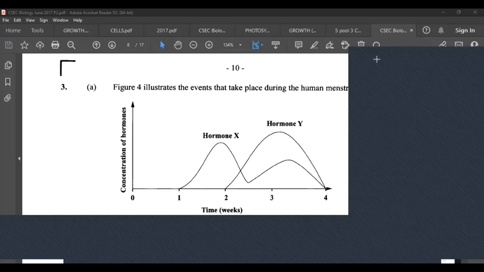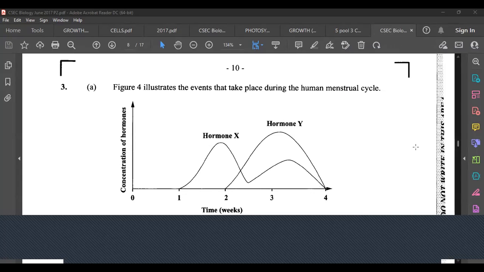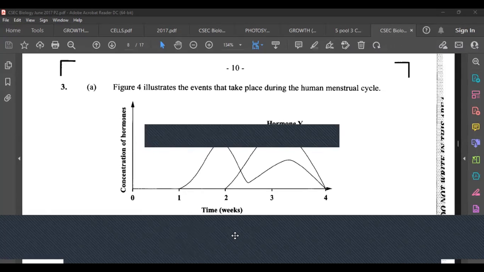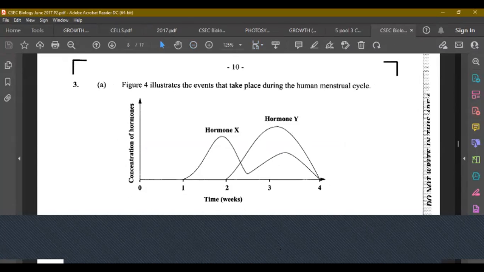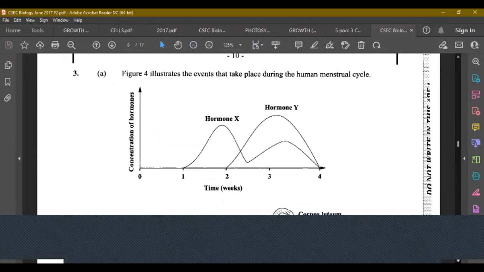There's a black thing. All right, let me see if it will leave. Is it gone? Partially, parts of it, not all of it. All right, let's zoom out and see how much it would affect us.